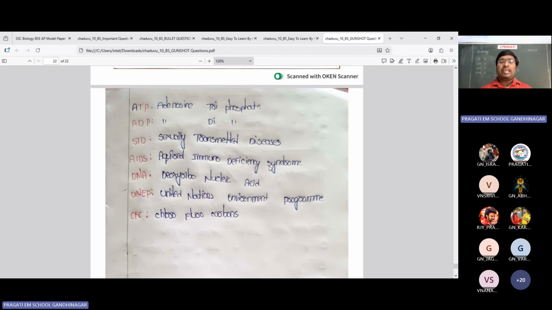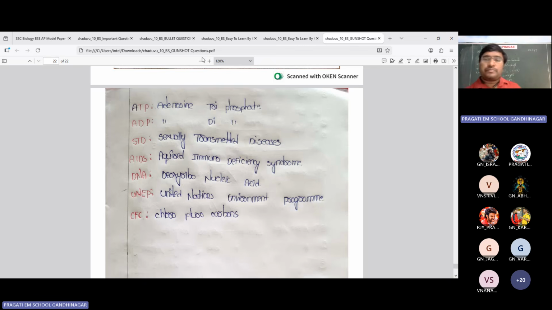DNA, deoxyribonucleic acid. UNEP, United Nations Environment Program. And CFC, chlorofluorocarbons. So these are the important abbreviations for 1 mark, children.